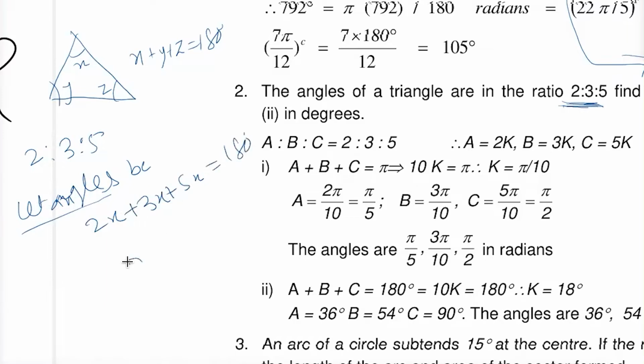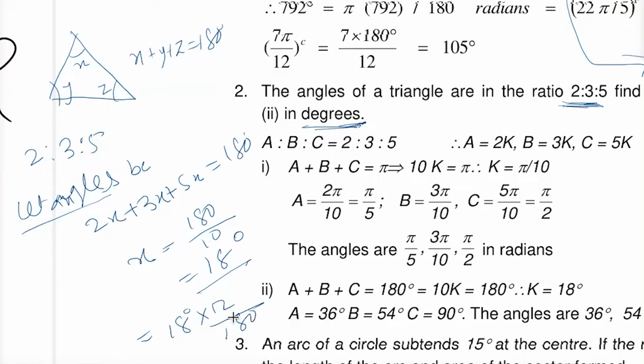Solve x from here. x is 180 divided by 5 plus 3 plus 2, that is 10, so 18. 18 what? Degree. The second question was in degrees and the first was in radians. Degrees is fine. If you want in radians, then 18 degree into pi by 180 radians. Got it, everyone?